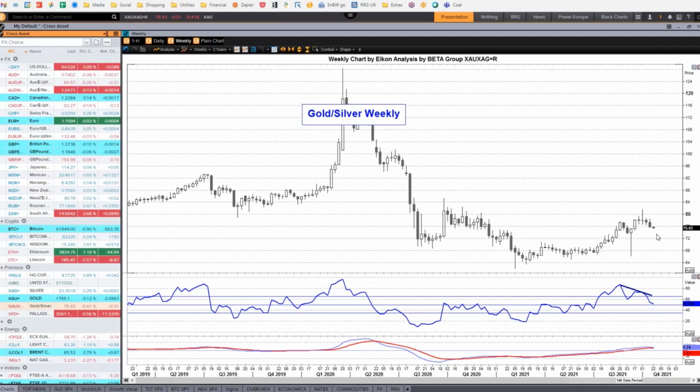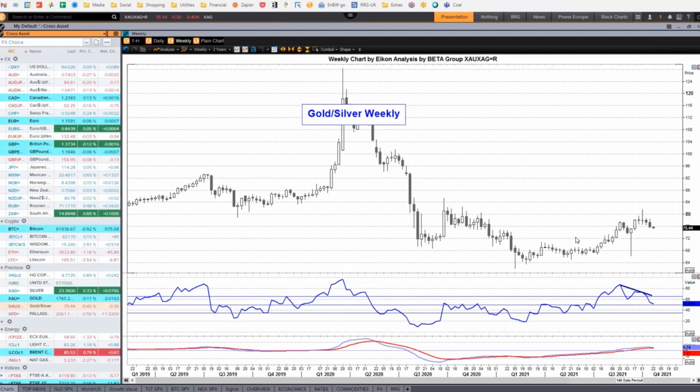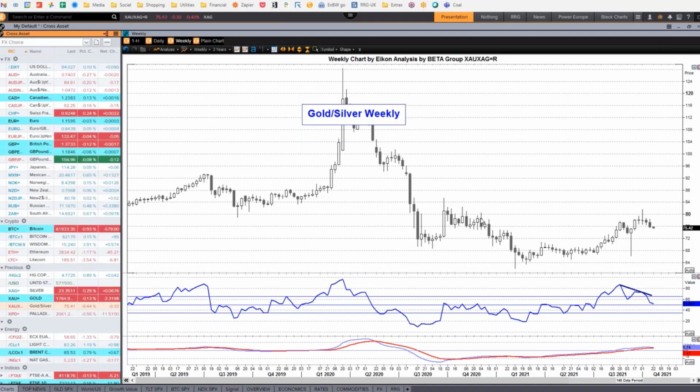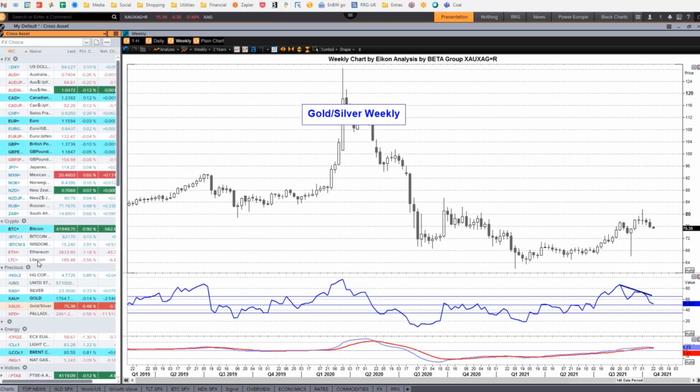So we were going up, but we had this bearish divergence, which I drew your attention to here, and that we were running out of steam on this ratio. And also we'd hit significant resistance here. So I suggested that that run might be coming to an end, and that does seem to be the case now. The ratio of gold to silver is now going in favor of silver.